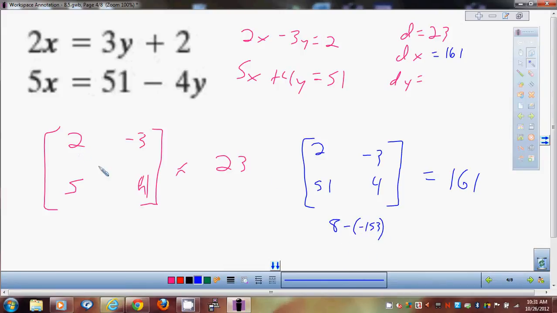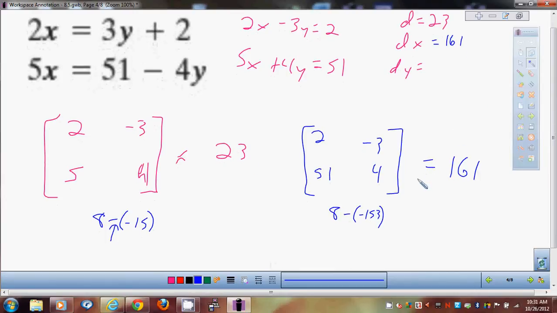Oh, yeah, but it's minus. Remember, it's AD minus BC, so it was 8 minus a negative 15. So minus and negative made it a plus.